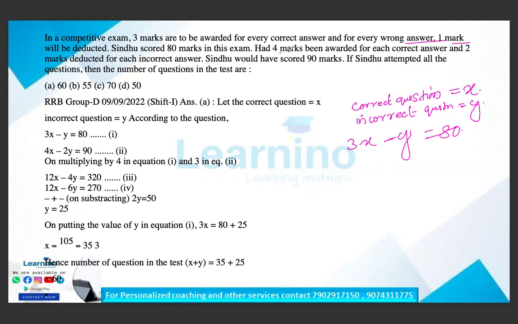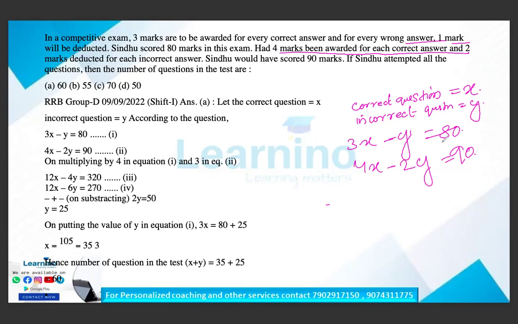From the next statement, 4 marks for each correct answer and 2 marks deducted, so 4x minus 2y equal to 90.